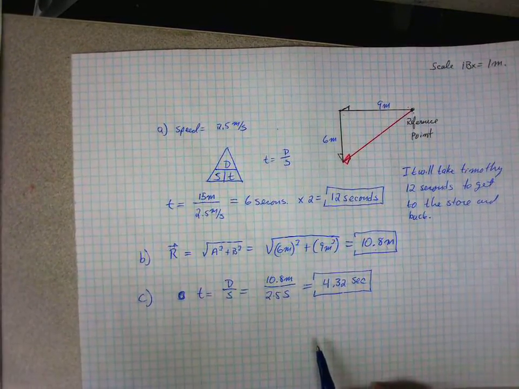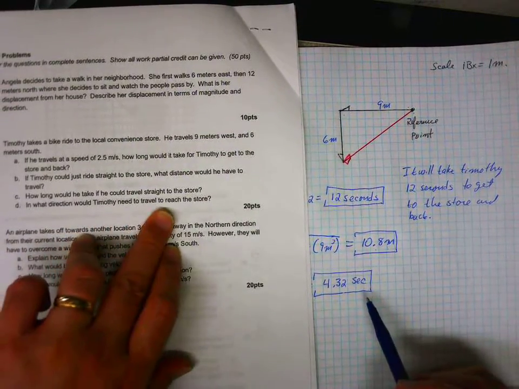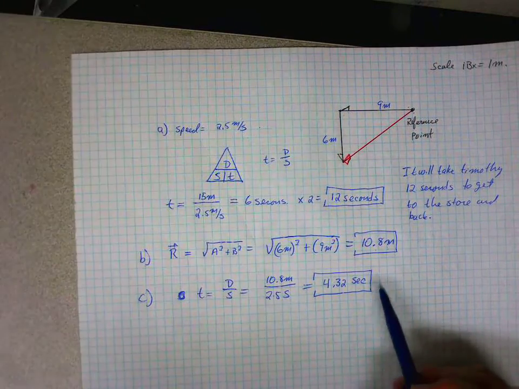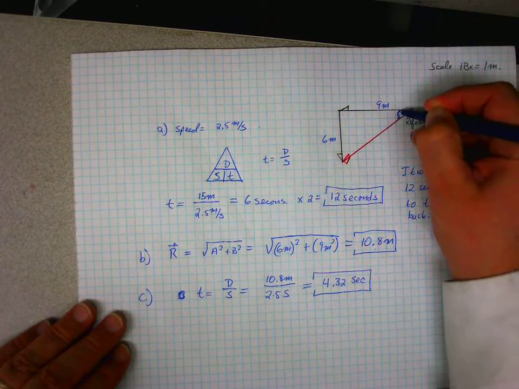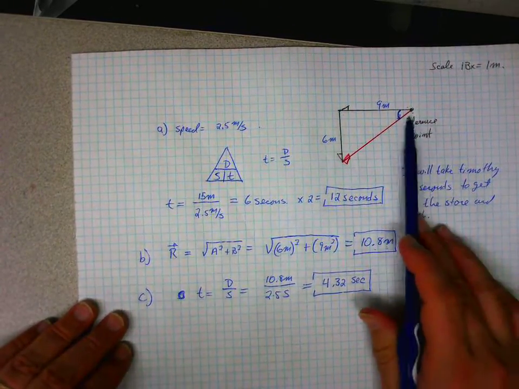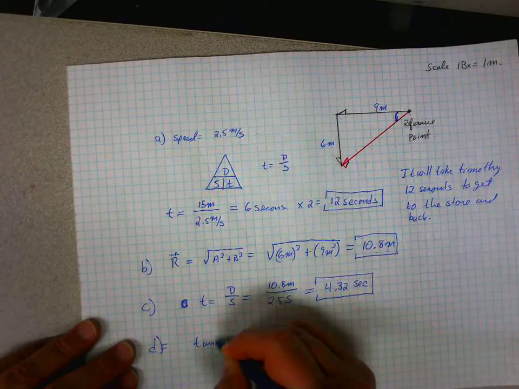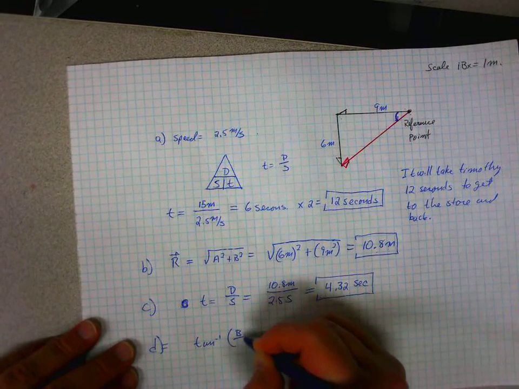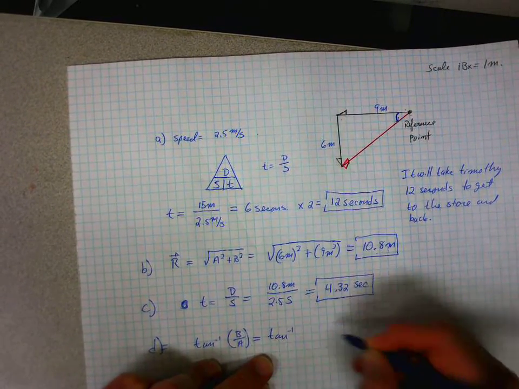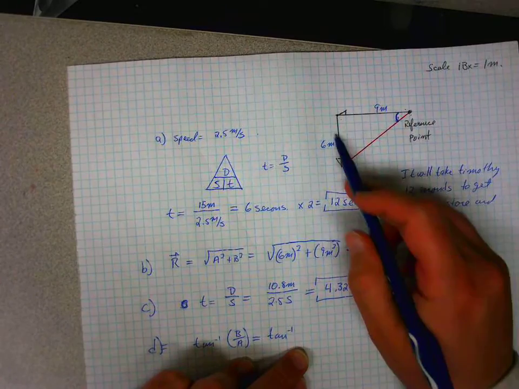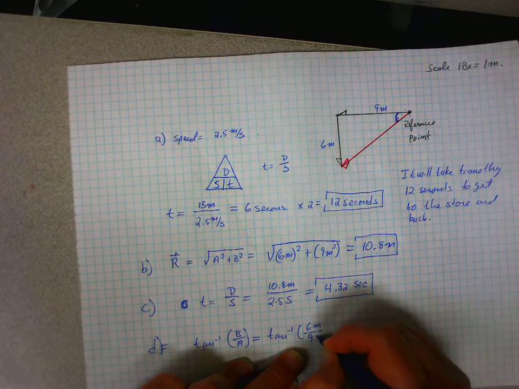Lastly, we go to D, and D is asking, in what direction would Timothy need to travel to reach the store? So we basically want to find the angle here. What would be the angle that he would have to take? Again, we use the arctan of B over A. B is the rise, which is this here, 6 meters, over 9 meters.